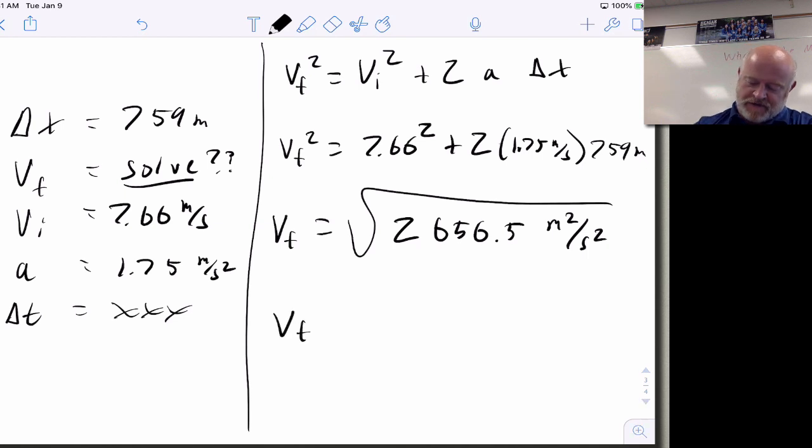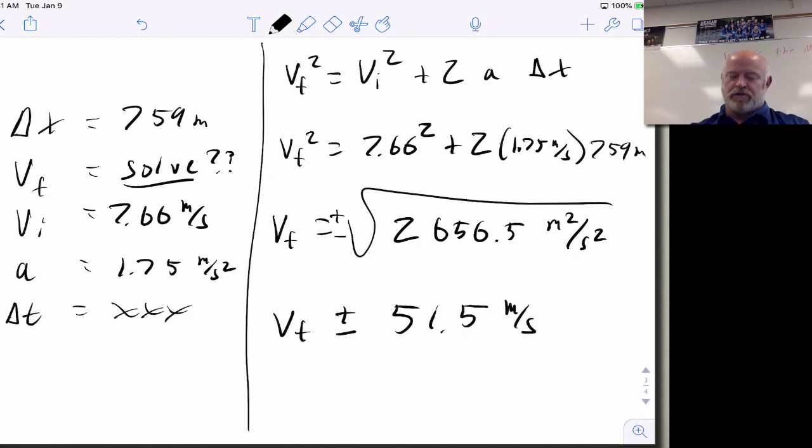So our velocity final is either plus or minus, because square roots are plus or minus, the result of that, which happens to be 51.5 meters per second. We need to designate what is positive and what is negative here. In my problem, I really didn't do that.